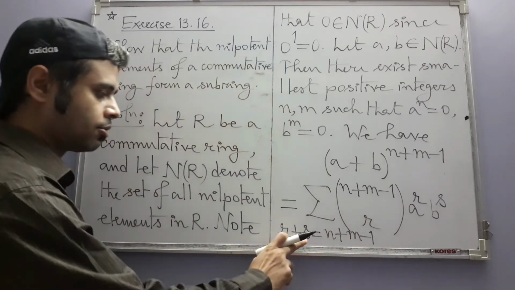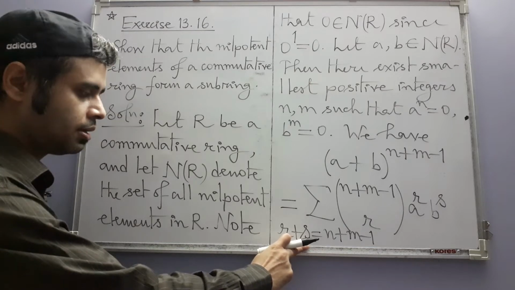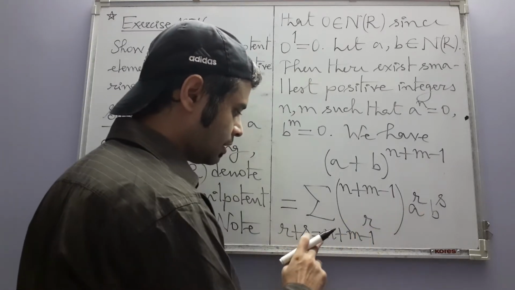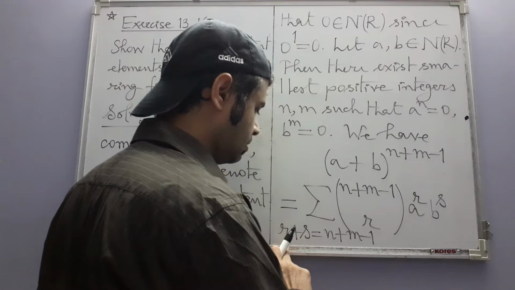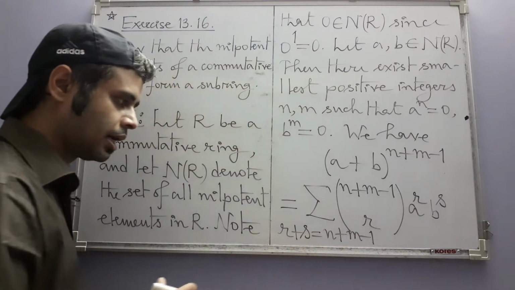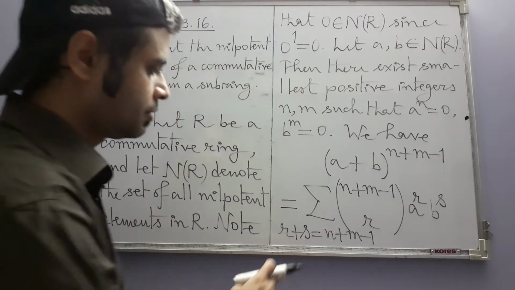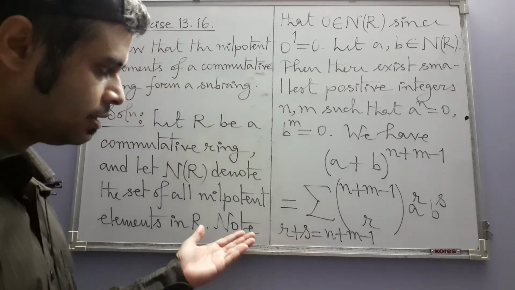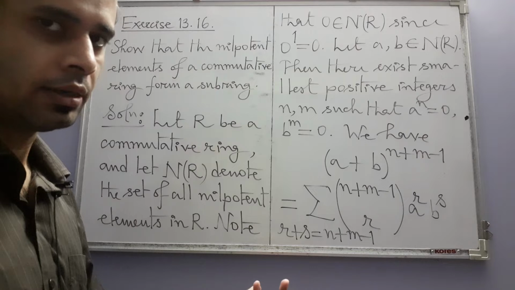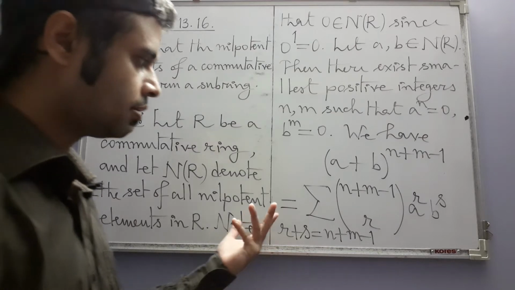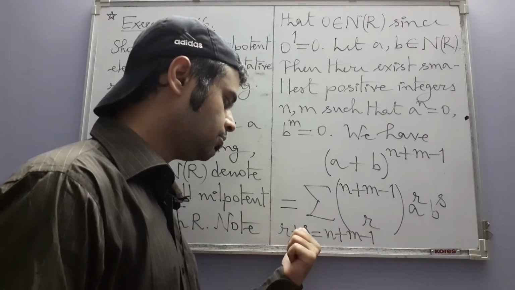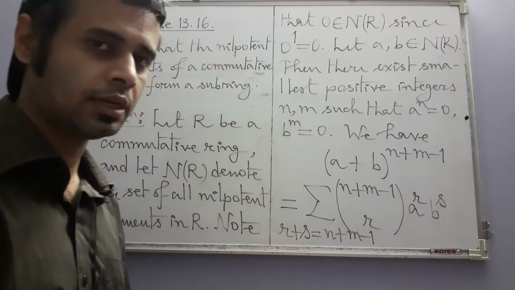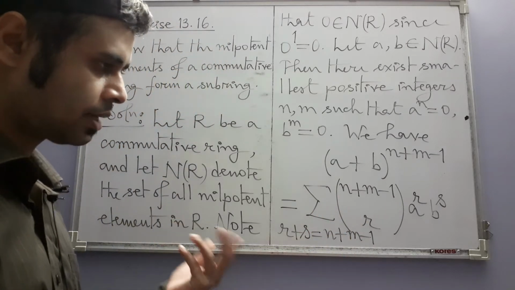If you decide to not use a new variable and write in place of s n plus m minus 1 minus r, then you have to write the variation of r, that is r varies from 0 to n plus m minus 1. Whether you use s or you don't use s as a new variable, both expansions are the same thing.